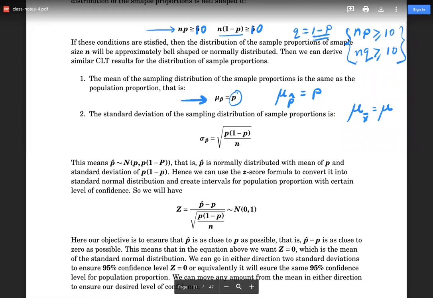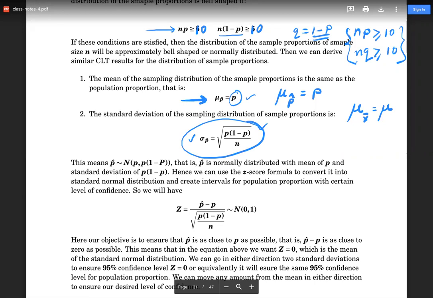Mu sub p hat is going to be p, and sigma sub p hat, the standard deviation of the sample proportions, is going to be the square root of p times (1 minus p) divided by n.